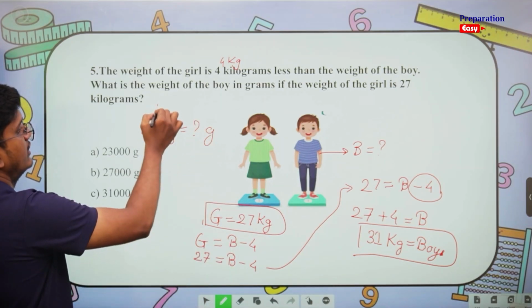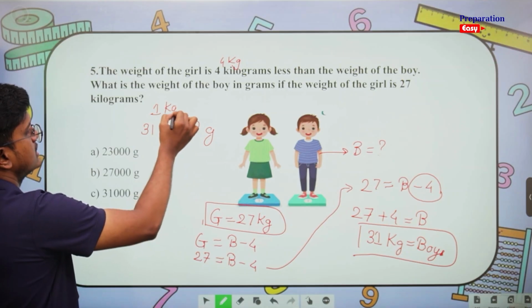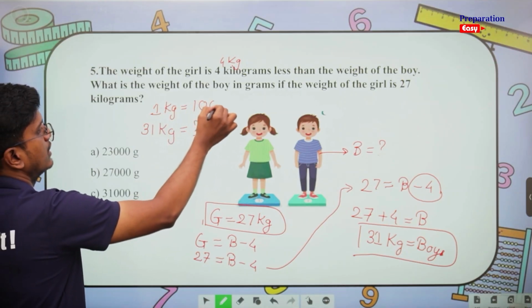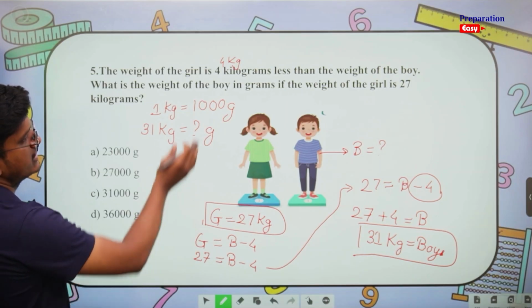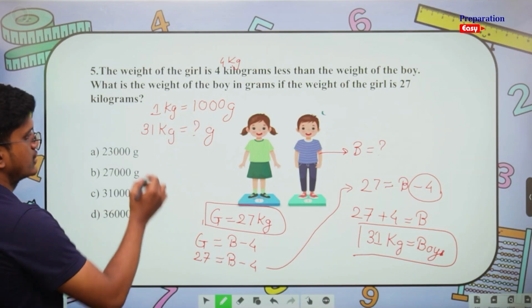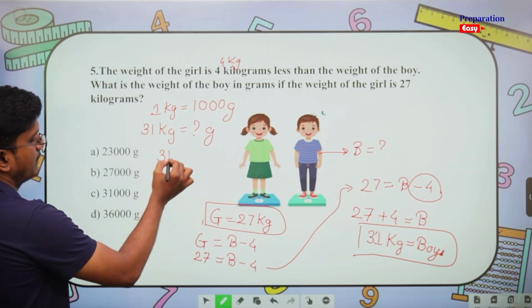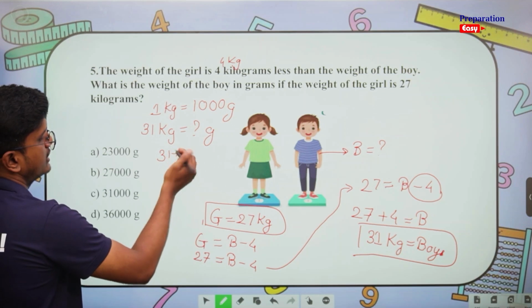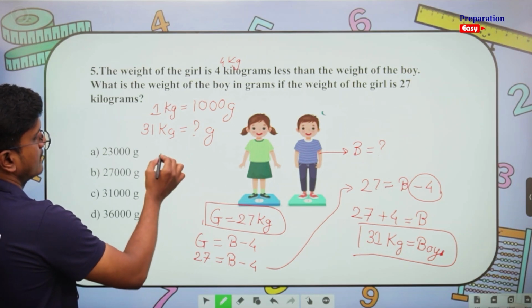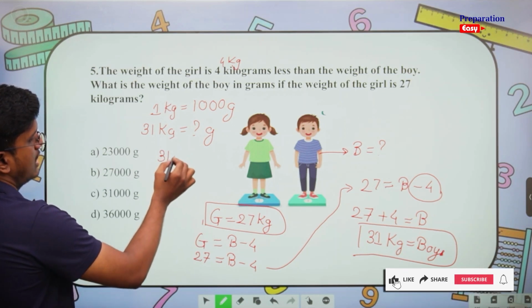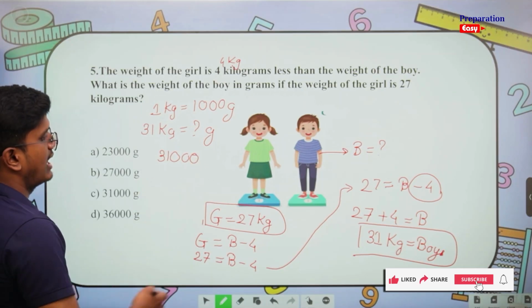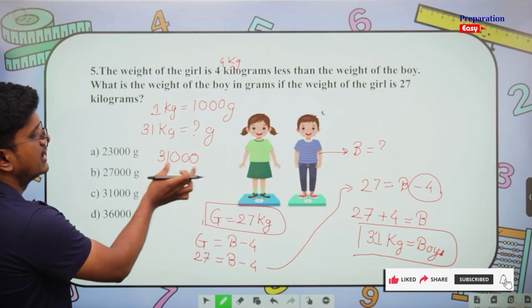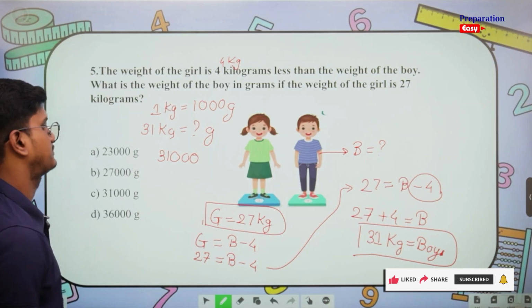We know that 1 kg is equal to 1000 gram. So to convert kg to gram, we just have to add 3 zeros. Whatever we have, 31, put 3 zeros to this 31.